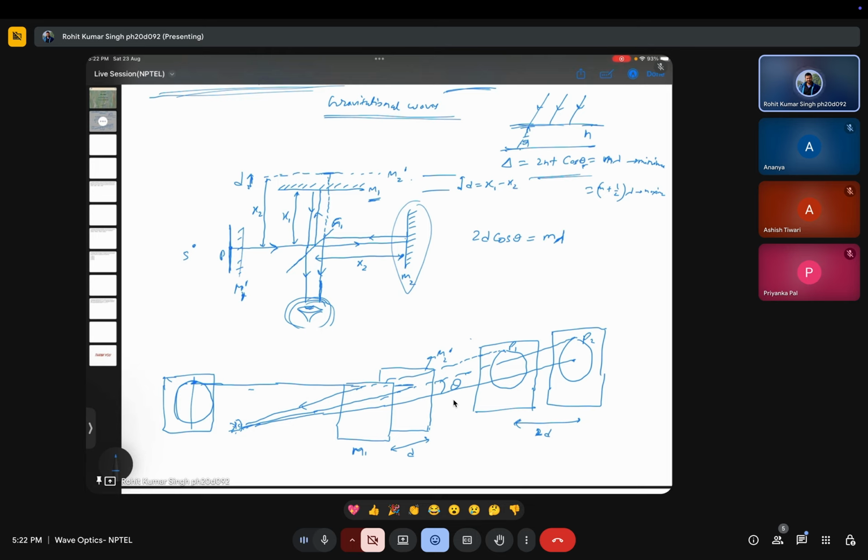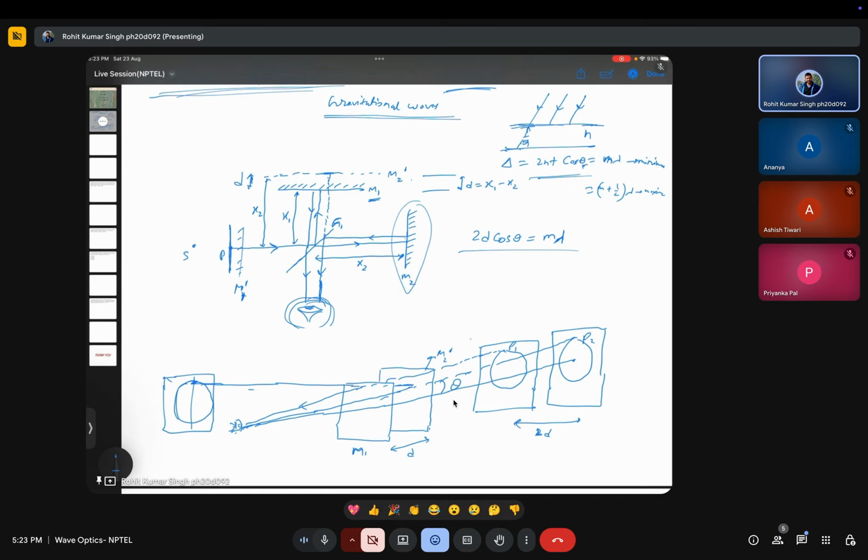Here also similarly you have this angle, so that's why this theta is there. And what you will get is concentric fringes like you had in Newton's rings experiment.